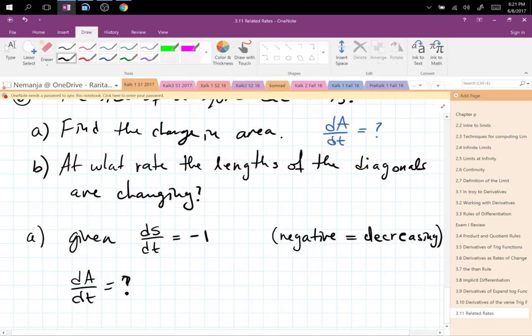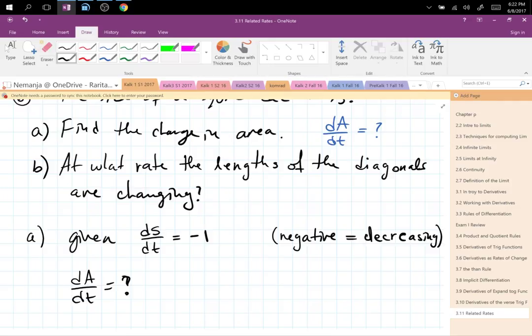And now just a little bit of common sense. They're talking about a square. They're talking about the area. So what equation do I have to differentiate in order for all this to work? What would be the equation connecting the concepts mentioned in the problem so far?